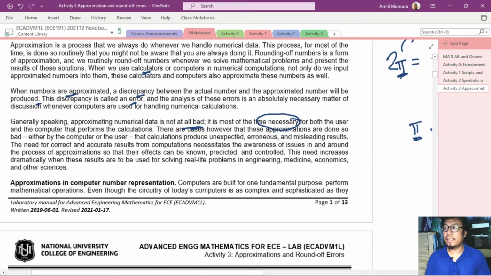Although we recognize that there are cases where these approximations are done so badly, either by the computer or by the user, calculations would produce unexpected, erroneous, and misleading results. This is where the notion comes in that even if your program has an output, it doesn't necessarily mean that the output is correct.